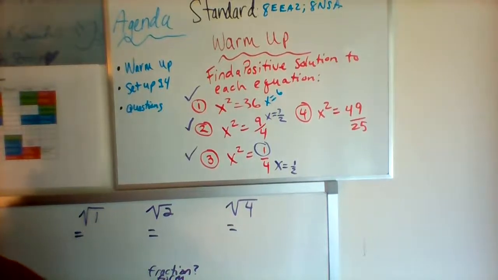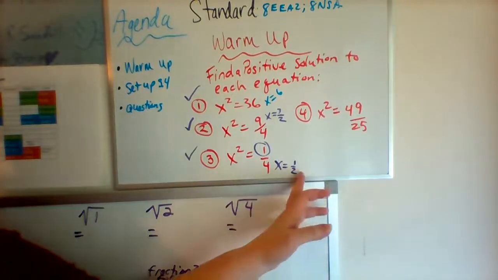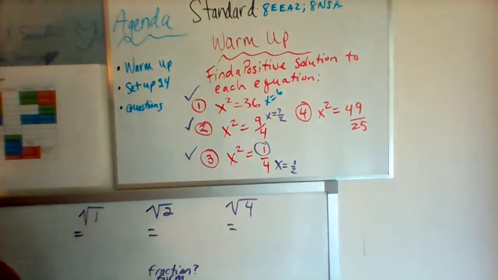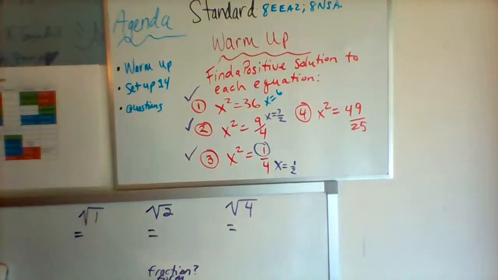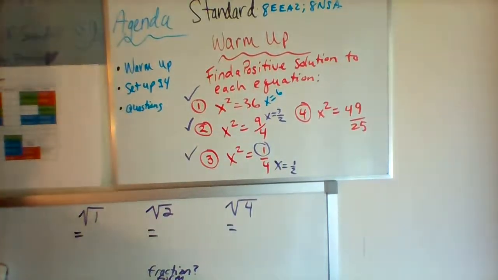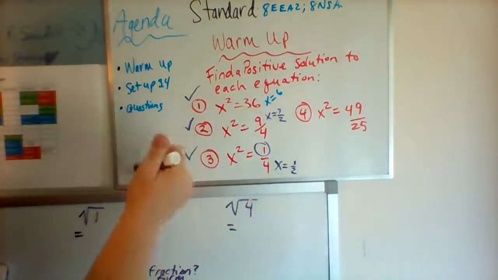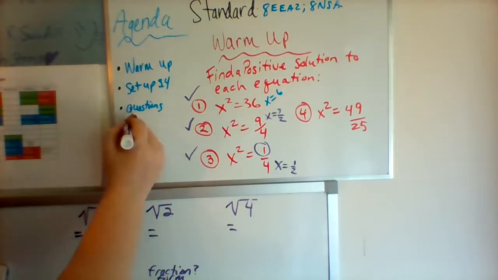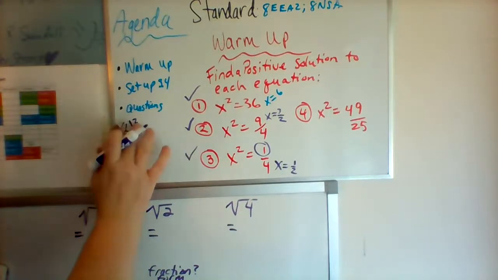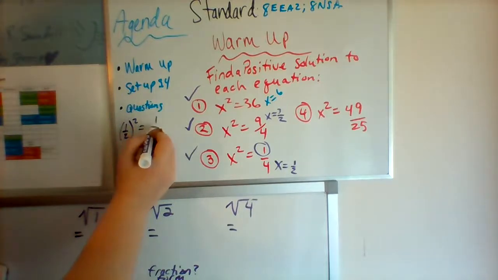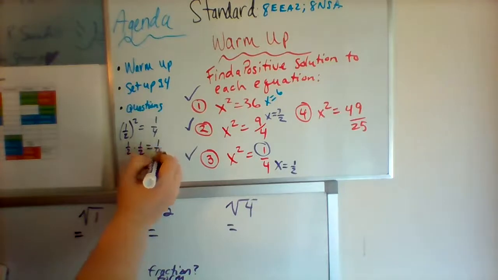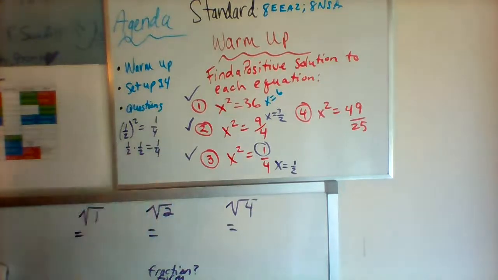Eskelin, do you have a question for us that's going to help clear things up? Were you asking, like, why is that a half? We proved here that a half squared, take the whole fraction, square it, it's going to equal 1/4 because a half times a half is a fourth. 1 times 1 is 1, 2 times 2 is 4.